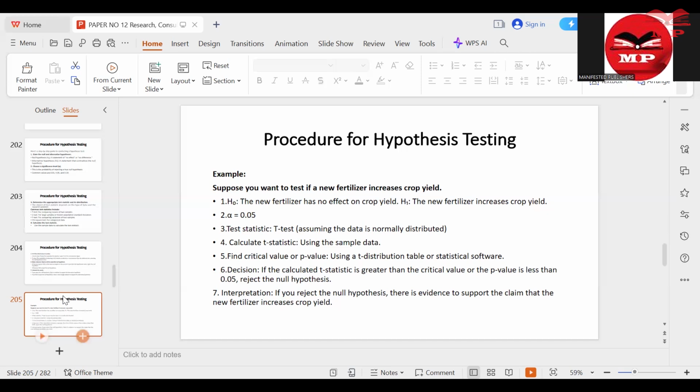At step two, the significance level chosen is 0.05. Then step three, the test statistic. In this case, we assume the data is normally distributed. Once you introduce the new fertilizer, if it is maize for example, how many bags have been harvested on 1 acre? Maybe 30 or 40 bags.